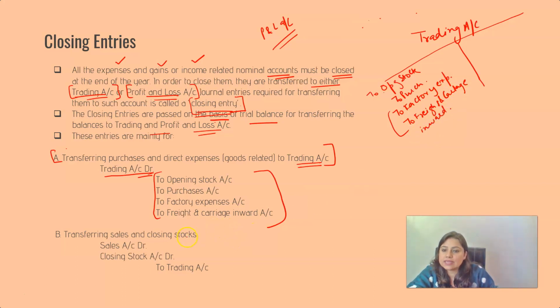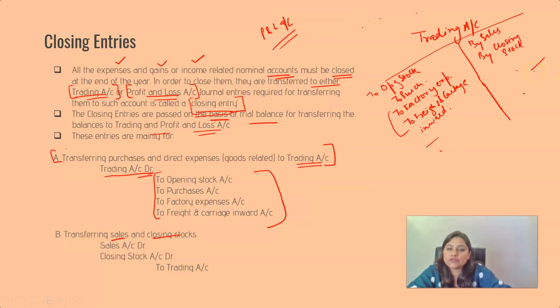And likewise, when we are transferring sales and closing stock, in the trading account it would be by sales, by closing stock. So after recording the opening stock, purchases, factory expenses, freight and cartage inwards, and then recording the sales and closing stock, we will thus determine whether the entity is having gross profit or gross loss, and then such profits would be carried forward to the P&L account.